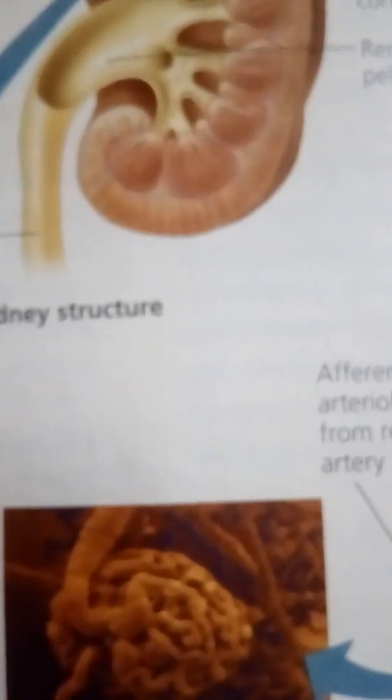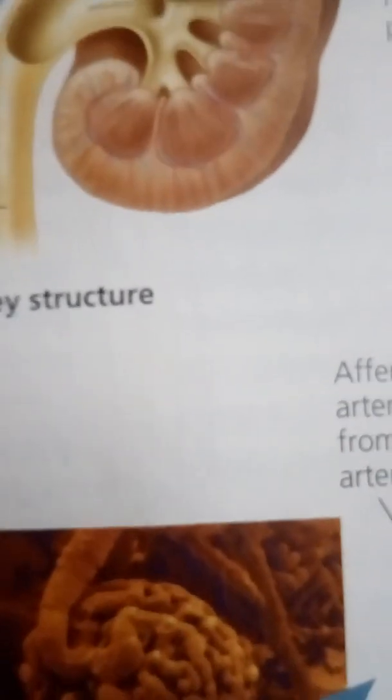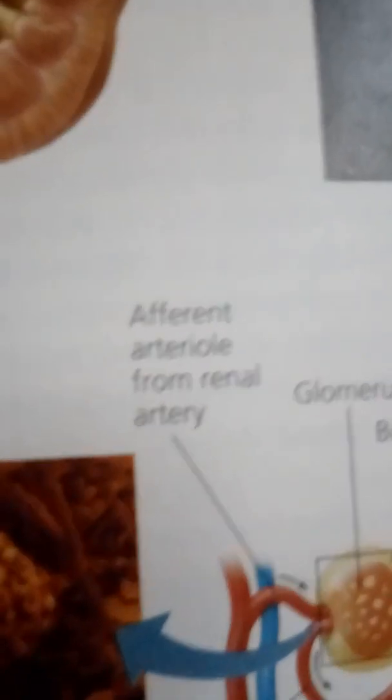Between 1,100 and 2,000 liters of blood flows through a pair of human kidneys each day, a volume about 275 times the total volume of blood in the body.